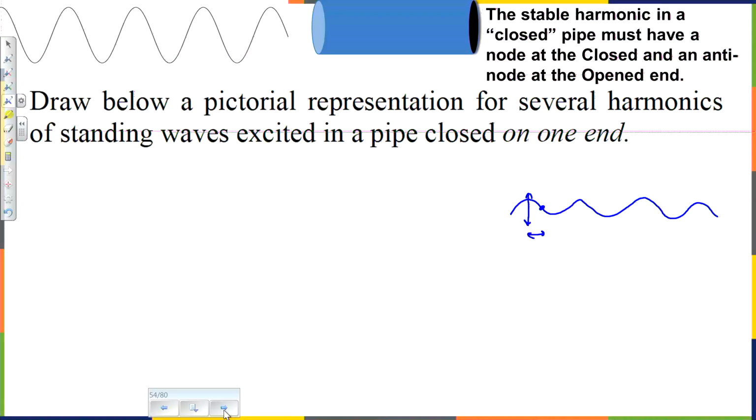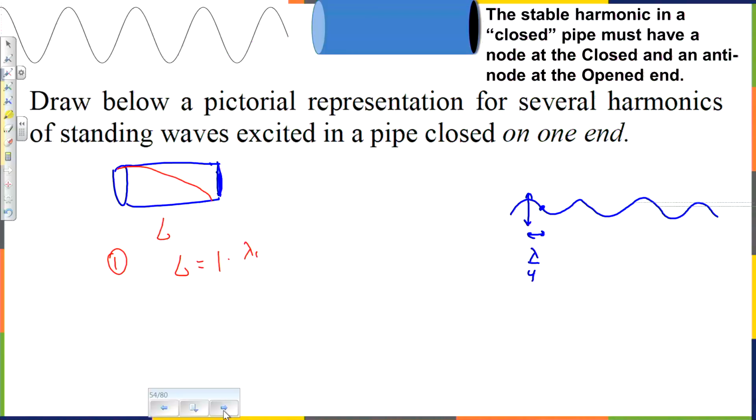And this is actually a quarter of a wavelength. So the smallest part of a wave which can fit as a stable standing wave is a quarter of a wavelength fit in the pipe. That's L. So for the fundamental mode, the relationship is 1 times a quarter of a wavelength.